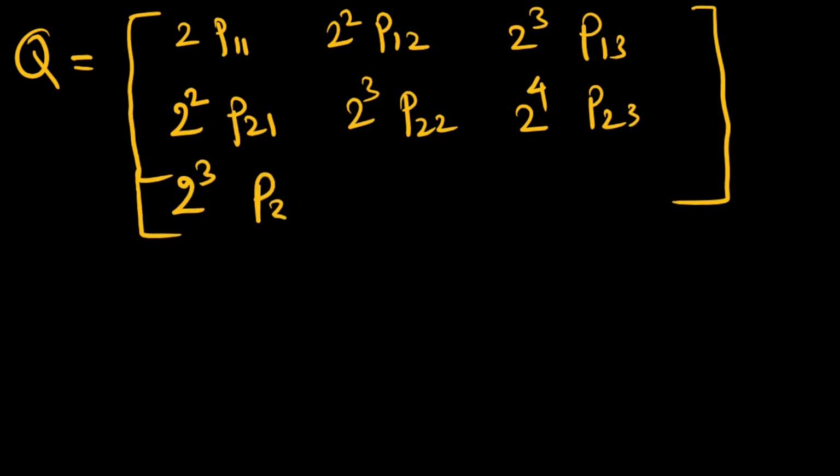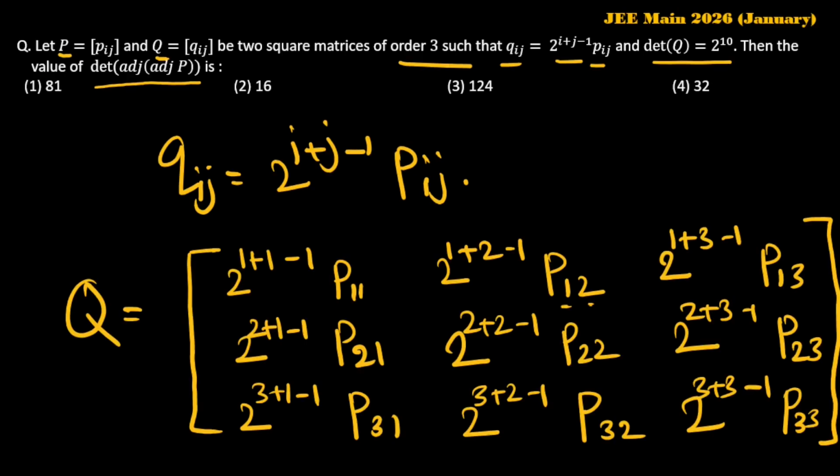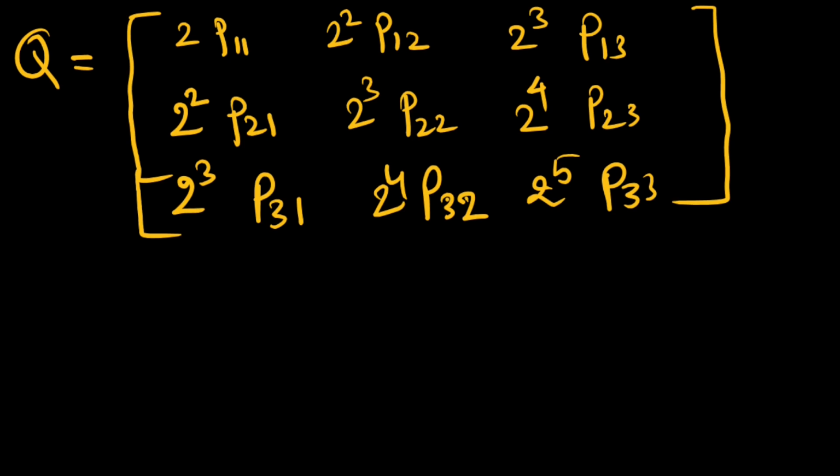Third row is 2 cube P31, 2 power 4 P32, and 2 power 5 P33. In the question it is given that the determinant of Q is equal to 2 power 10, so we use this.